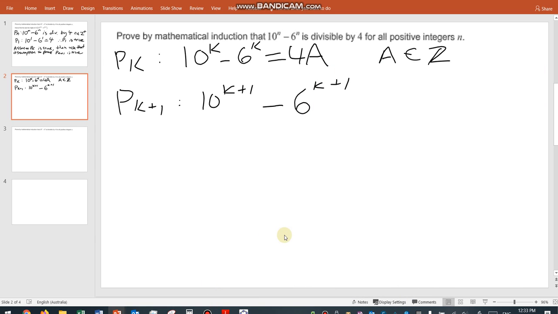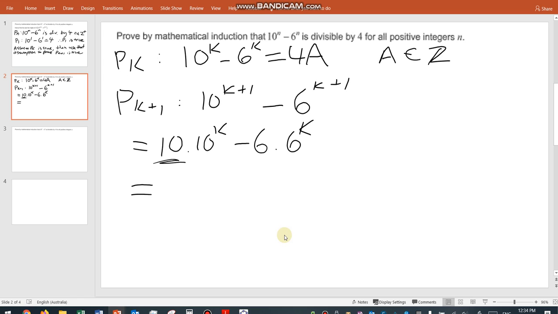So what we're going to do is, first of all, using what we know about exponents, we can say that that's equal to 10 times 10 to the k minus 6 times 6 to the k. Now, one thing we can do here is break up this 10. We can break it into a sum of two numbers, 6 and 4. So we'll go ahead and do that, and we'll see why that is actually going to help us in a minute.